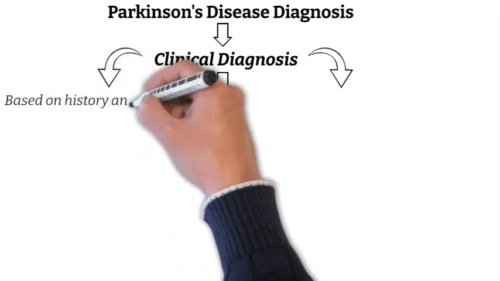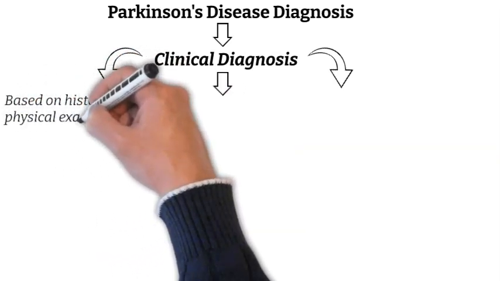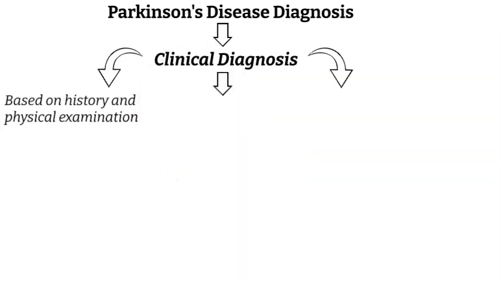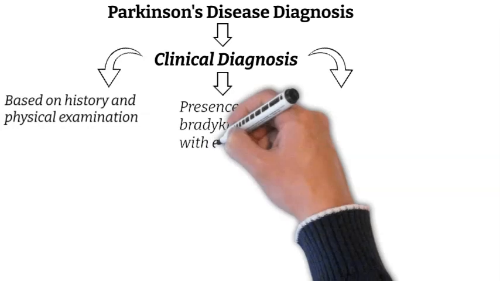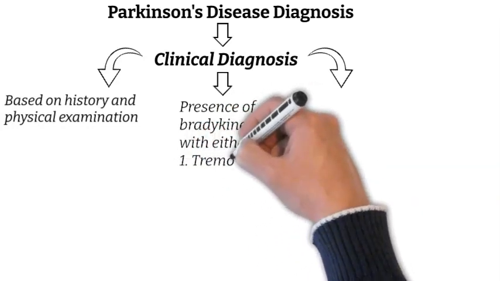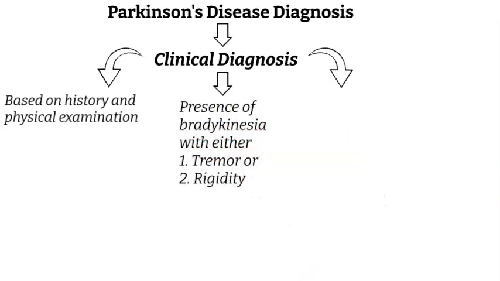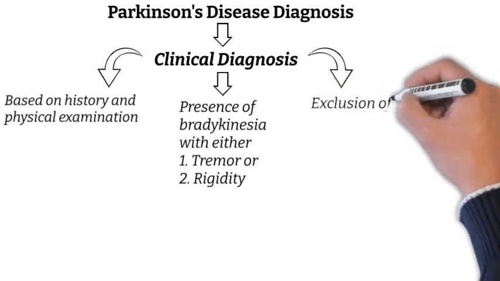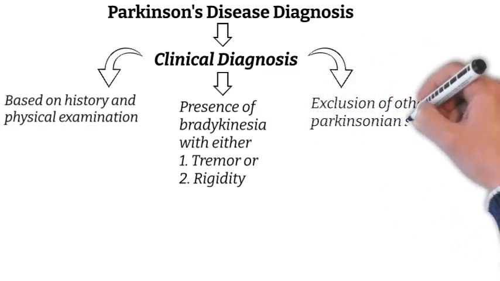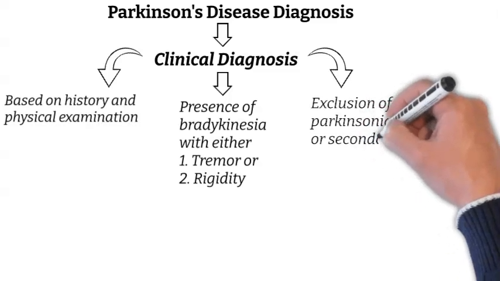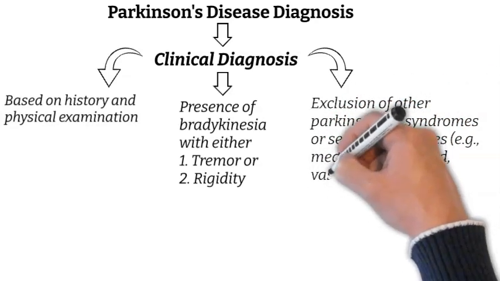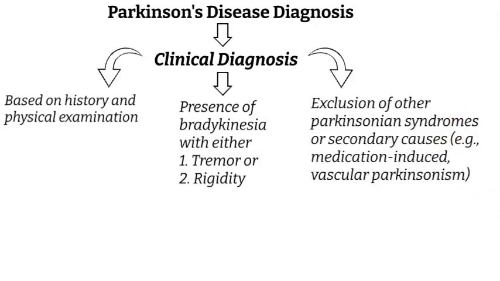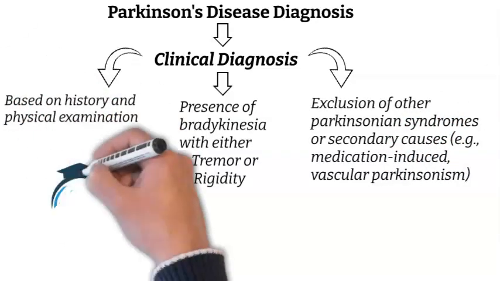The clinical diagnosis is based on history taking and physical examination, and the presence of bradykinesia with either tremor or rigidity is diagnostic. Last but not least, you have to exclude Parkinsonian syndromes or secondary causes of Parkinsonism, for example medication-induced Parkinsonism and vascular Parkinsonism.